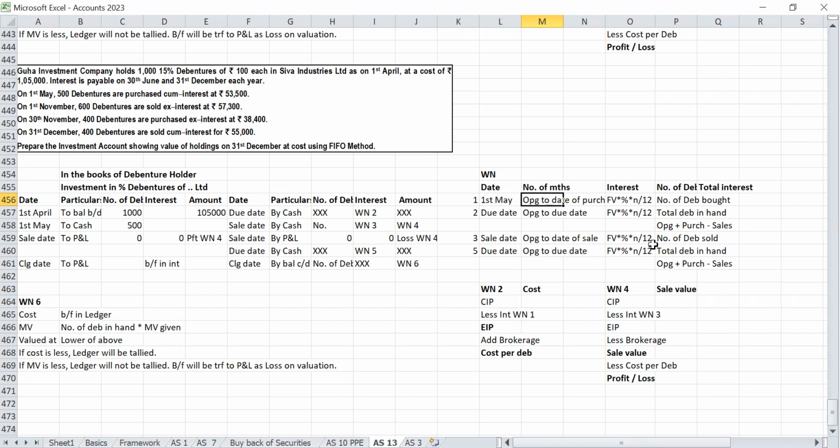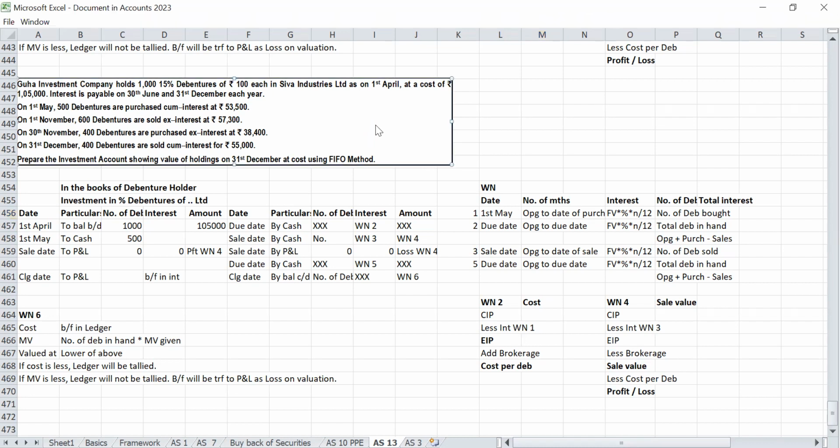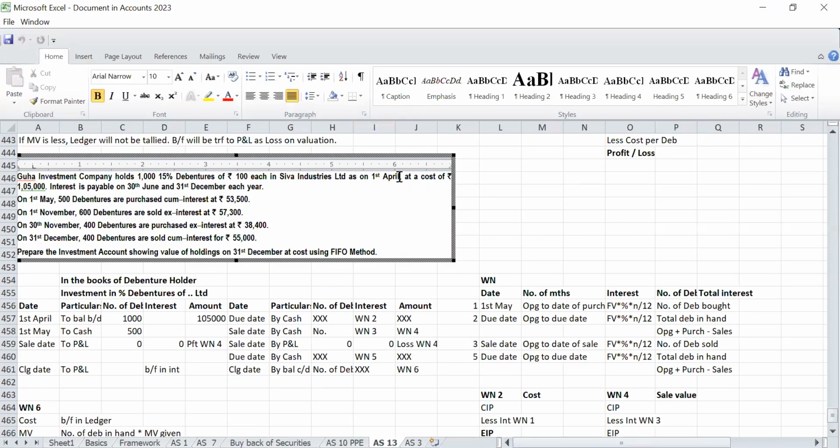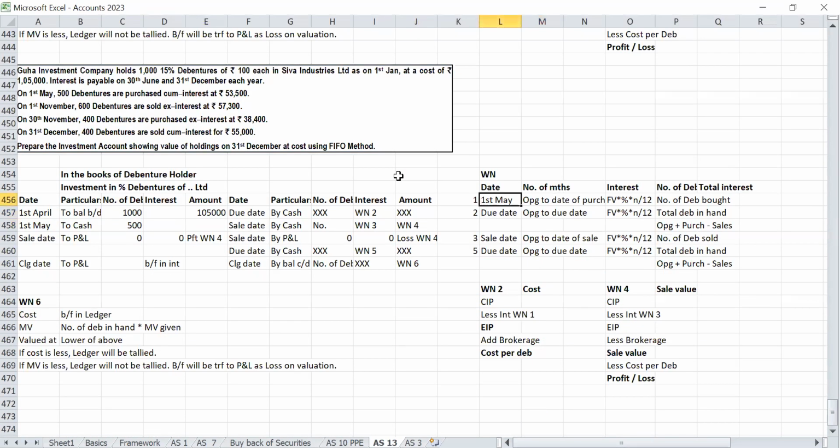Opening means not up to the opening date.